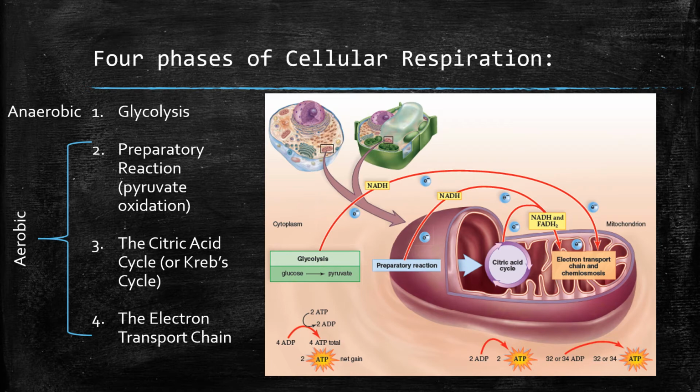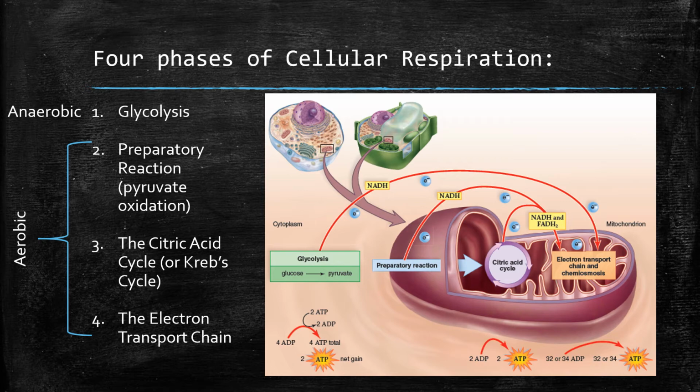And essentially, glycolysis is just the breakdown of glucose into 2 molecules of pyruvate. And then those pyruvate molecules get moved over into the mitochondria. And so our next 3 phases are going to take place in the mitochondria, and they're going to be aerobic reactions.